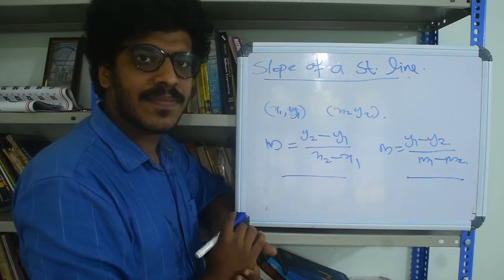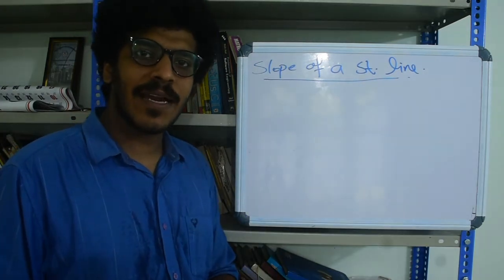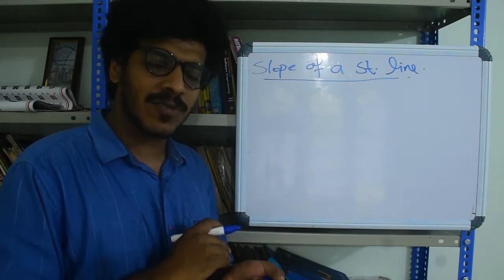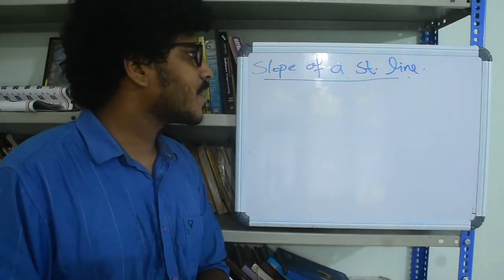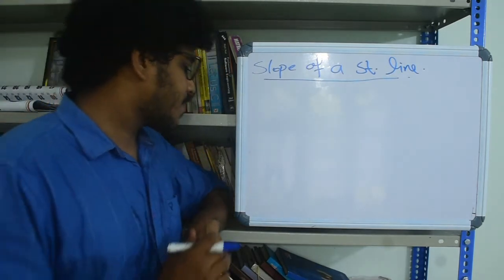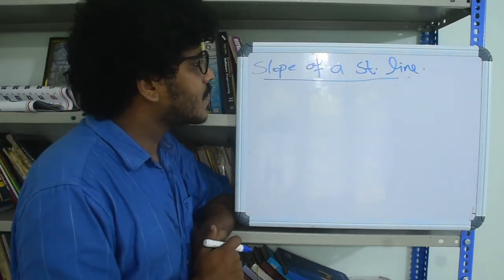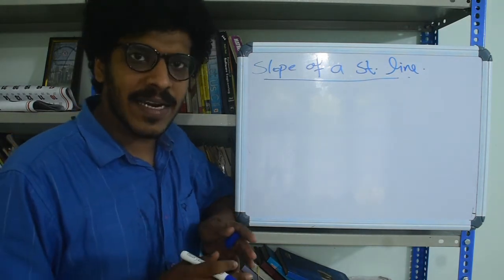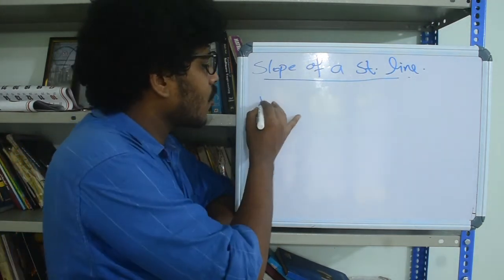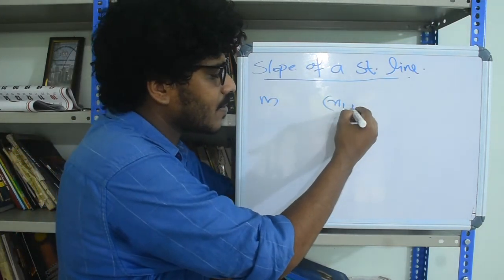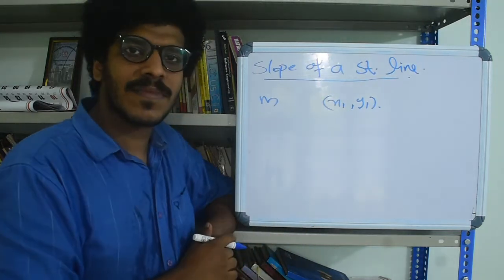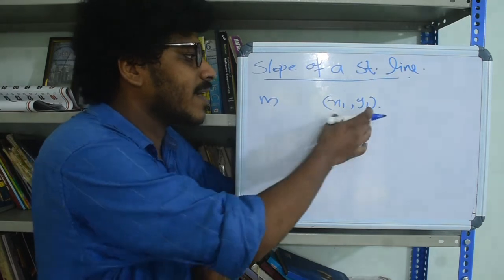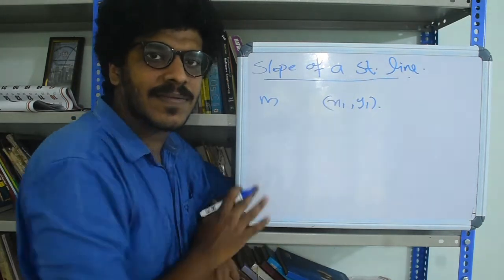Right. Now we know how to practically calculate the slope of a straight line given the 2 points through which the line passes. Now we try to introduce a new method to write the equation of a straight line given the slope and a single point through which the line passes. So what information do we have about a straight line? The slope of that line and a single point through which the line passes.